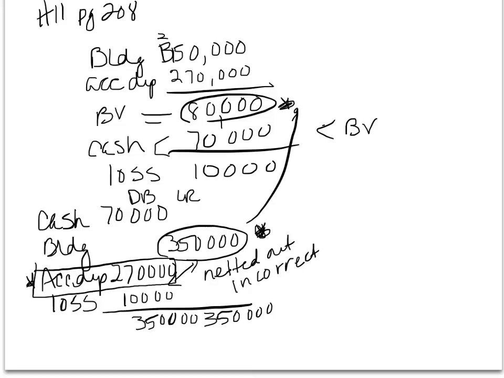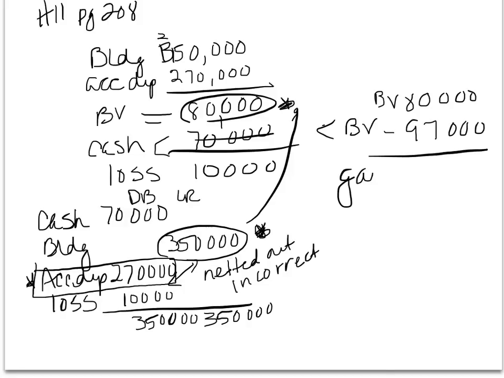They then go and say, what happens if we sold this item for $97,000 instead of $70,000? In that case, the book value of $80,000 subtracted from the $97,000 gives us a gain of $17,000, because cash, in this case, is greater than the book value.